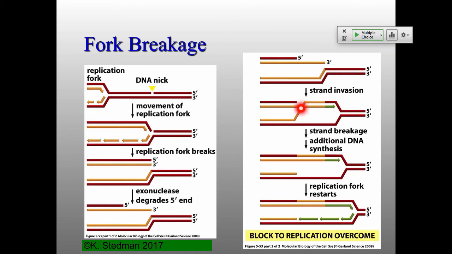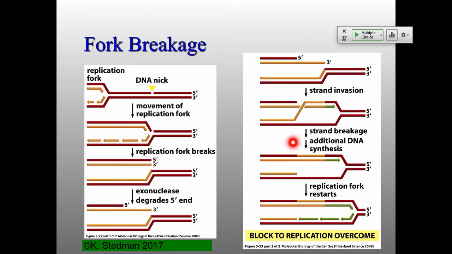This strand invasion generates what's called a D-loop or a displacement loop, and that's because one strand's been pulled off of the other strand and is now replicating over here.